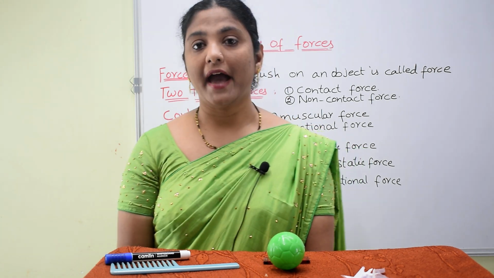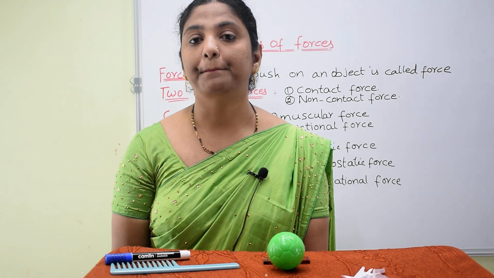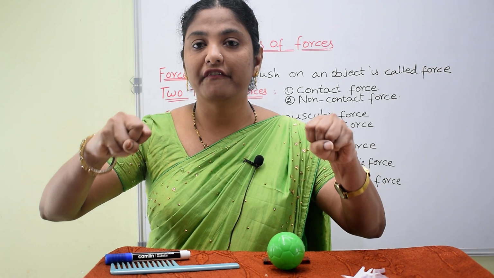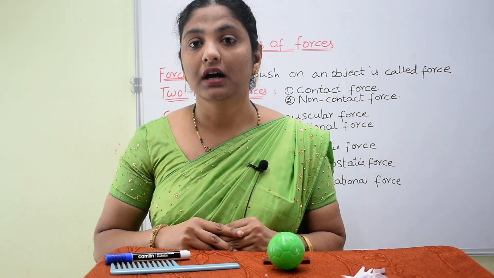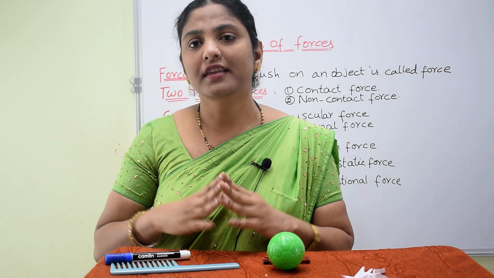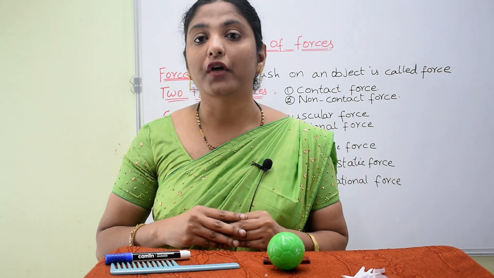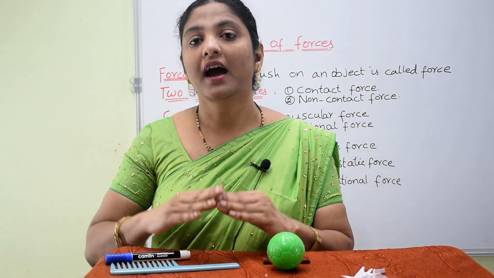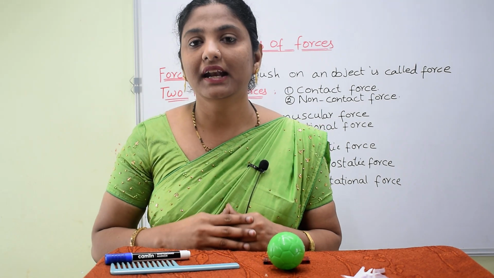I will give another example. If we apply brakes to vehicles like cycles and scooters, what happens? On rough surfaces it stops suddenly, but on smooth surfaces it skids and falls down. What does it indicate?